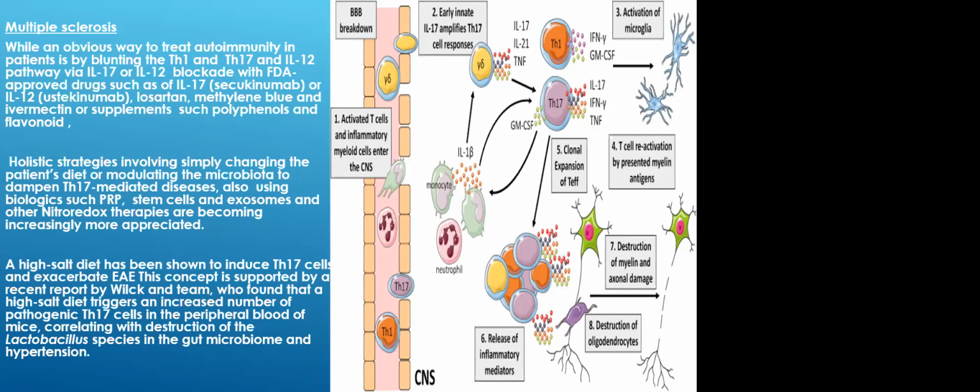Grapefruit seed extract also can help in killing those bad bugs, they are like prebiotics. Giving the patient probiotics will help to manage the leaky gut syndrome, which will help to manage multiple sclerosis in general. So you need to screen all the free radical generators that will aggravate the Th17 signaling, the inflammatory Th17 signaling.